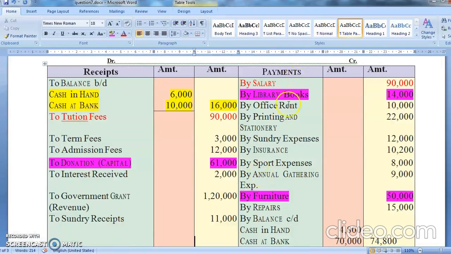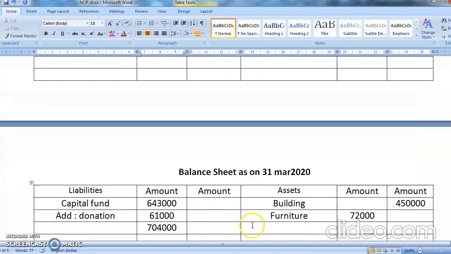We'll do one thing, library books also we'll add, and furniture also we'll add. Library books is 14,000, furniture is 15,000. These are the new purchases. So I'll add purchases.